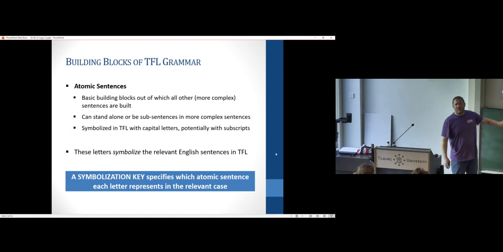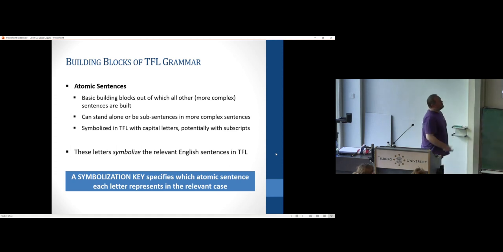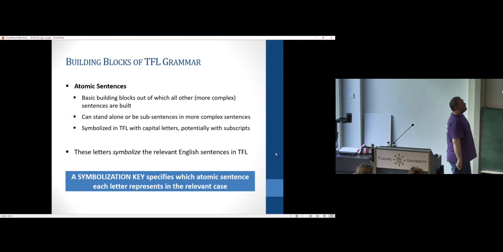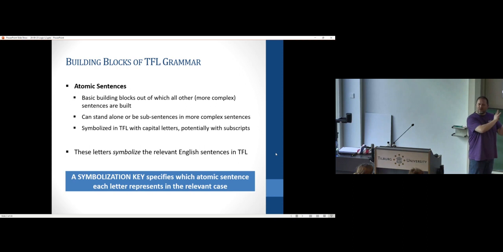And we did A, B, and so on. Now a symbolization key tells us the mapping between atomic sentences, the letters, and atomic sentences of English. So A stands for Yabka is asleep. H stands for Nathan is hungry. I remember that from the very end of the lecture.